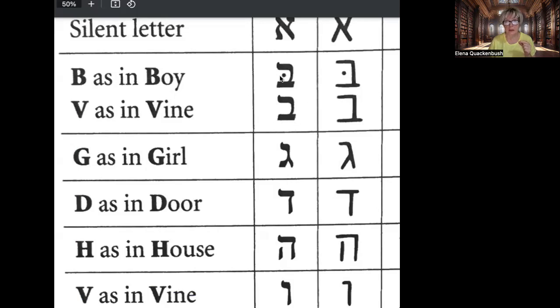Later on, we will only call it Bet. But right now, we need to memorize both of them. That will be much easier. So, Bet with a dot inside. This dot is called dagesh. It is pronounced B, as in boy. Vet does not have dagesh. It lost the dagesh and it lost this firmness, explosiveness.